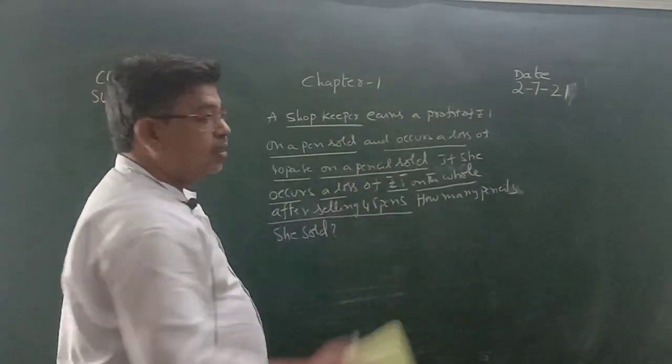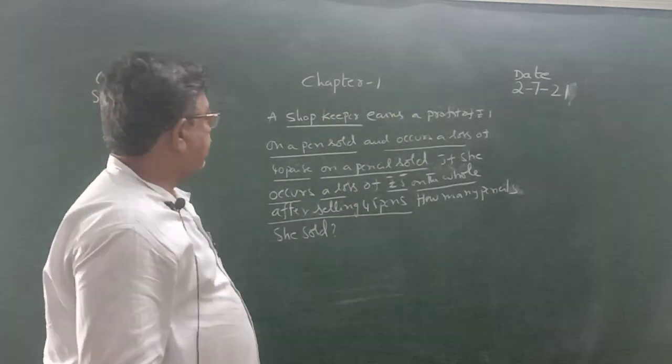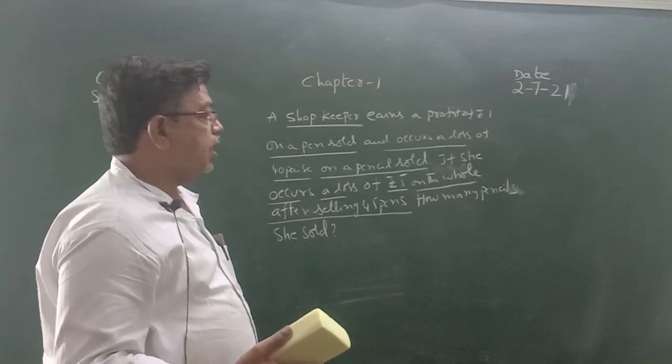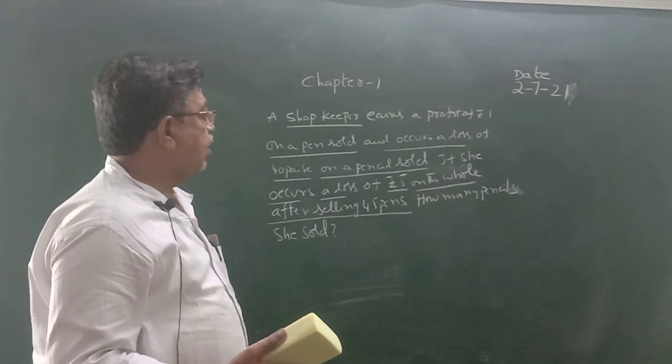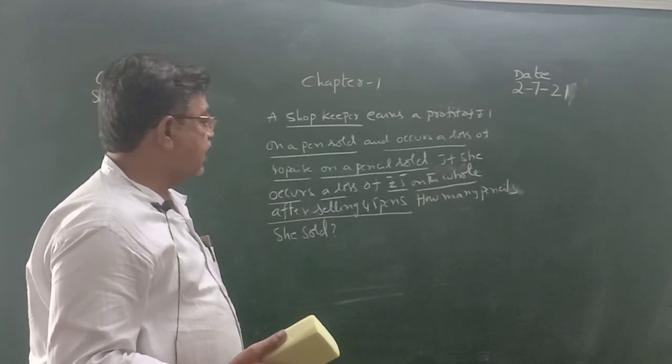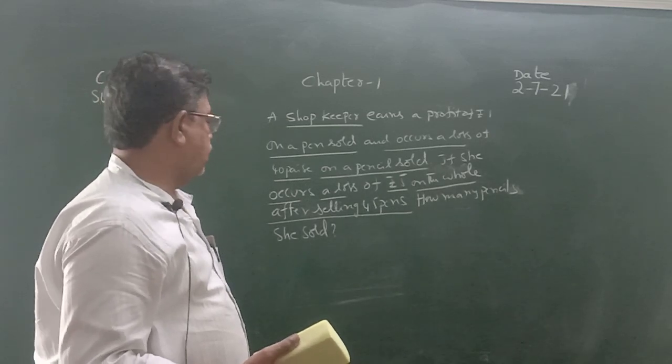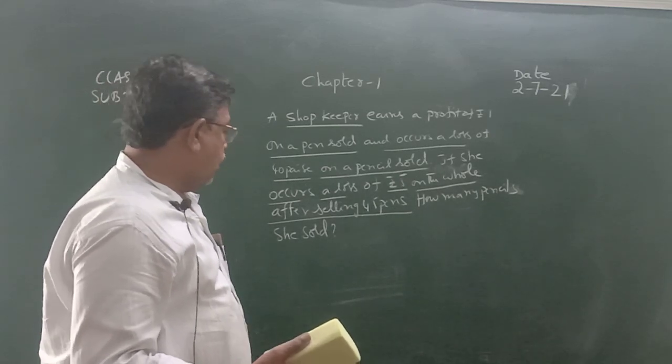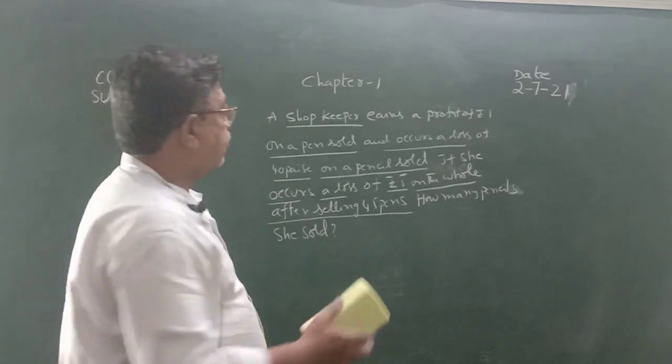A shopkeeper earns a profit of rupees 1 on a pen sold and incurs a loss of 40 paise on a pencil sold. If she incurs a loss of rupees 5 on the whole after selling 45 pens, how many pencils did she sell? This is what you have to find. So note down the question. We are going to do this.